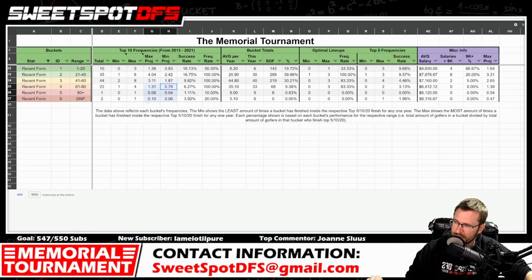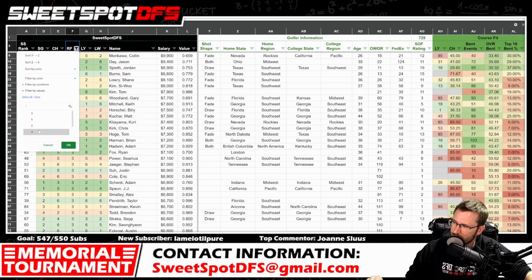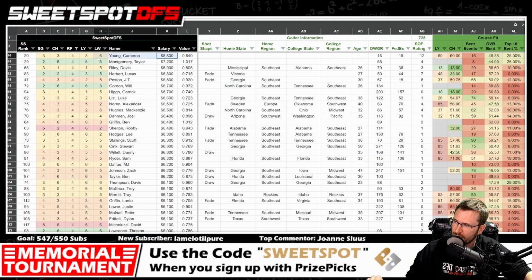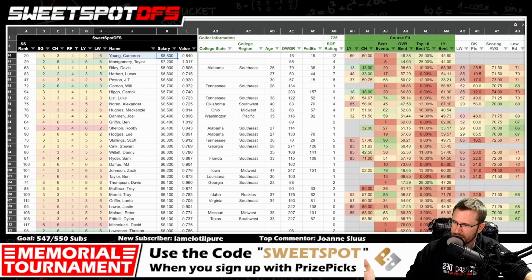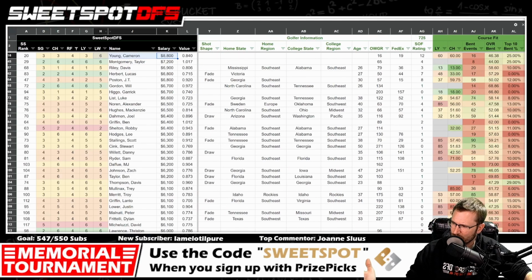Moving on to the next one, 0 to 2 out of the next couple buckets. So let's fly through those ones. 0 to 2, starting with Cam Young, and then recent form 4 is just not really having super good recent form. By the way, Cam Young doesn't have good course history and doesn't have good recent form heading into this event. That's crazy, right?